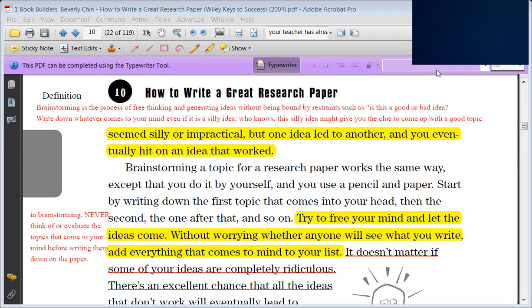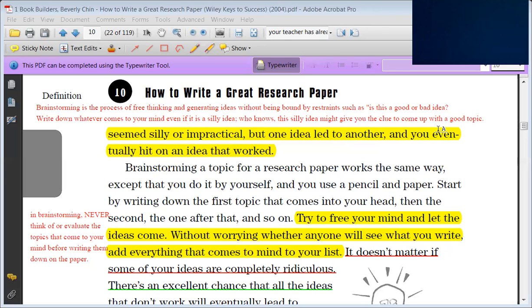So you just generate ideas without being bound by restraints such as, is this a good or bad idea? Write down whatever comes to your mind, even if it is a silly idea. Who knows, this silly idea might give you the clue to come up with a good topic.